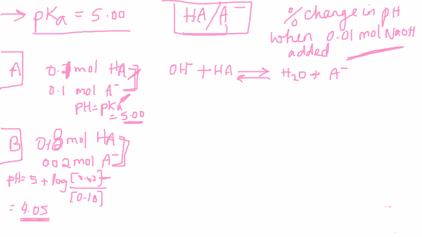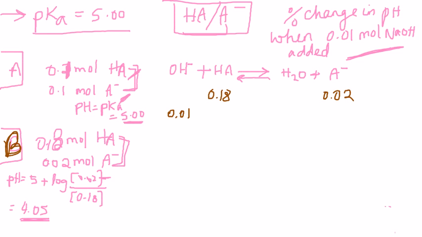So before the addition has taken place, and maybe I'll use a different color so you can differentiate, I'm going to use brown for the solution B. My initial concentration of HA is 0.18 and the conjugate base is 0.02, and I have added only 0.01 moles of the hydroxide.